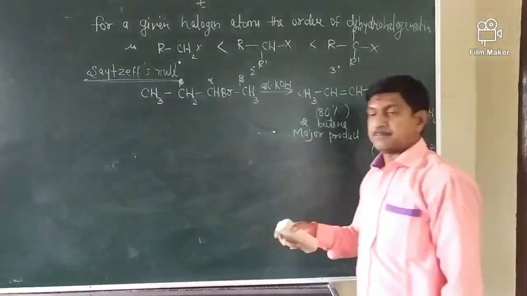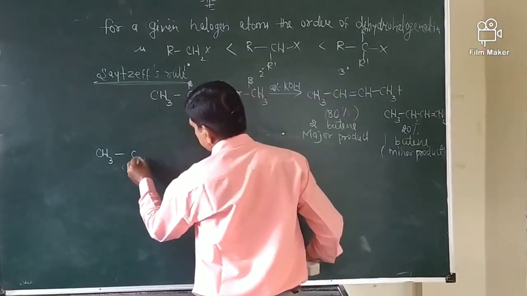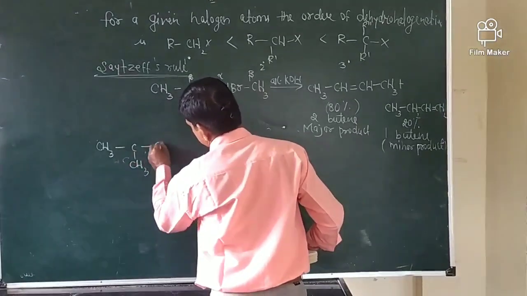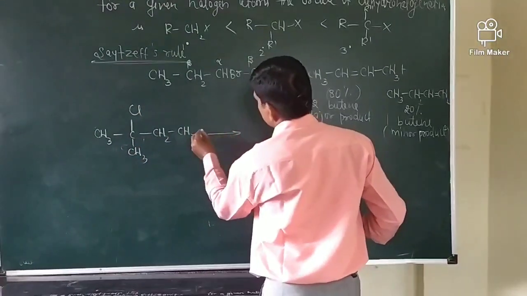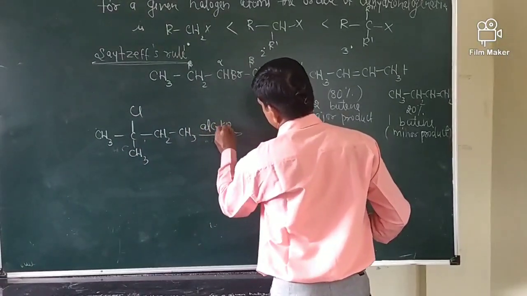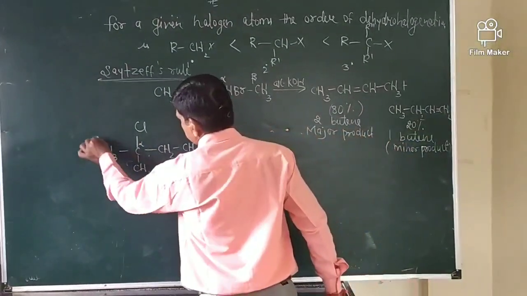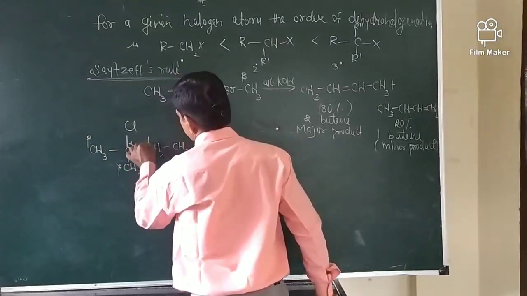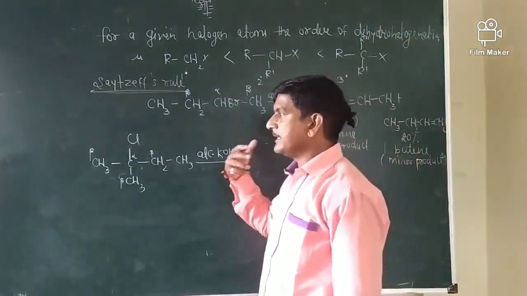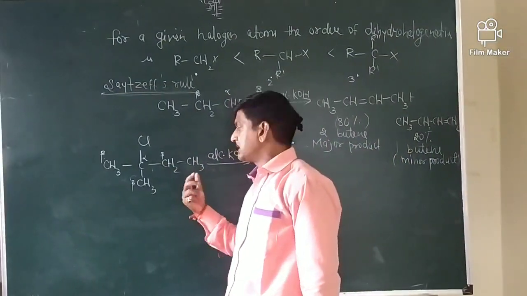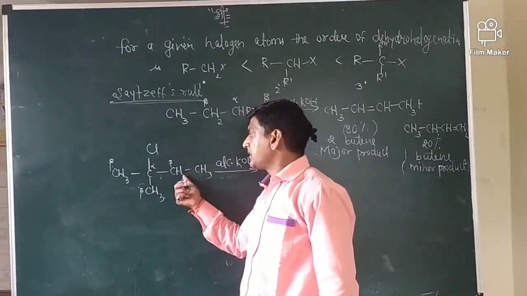Now we will see another example, a tertiary one: CH3CHBrC(CH3)CH2CH3 with alcoholic KOH. This is the alpha, this is beta, this is also beta, this is also beta. According to Saytzeff rule, hydrogen is eliminated from that carbon atom which possesses the least number of hydrogen atoms. Here there are 3 hydrogen atoms, but here 2. So hydrogen atom is eliminated from here.